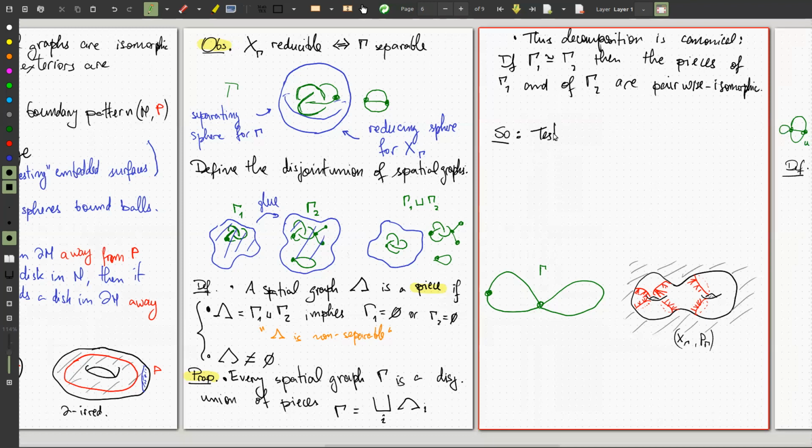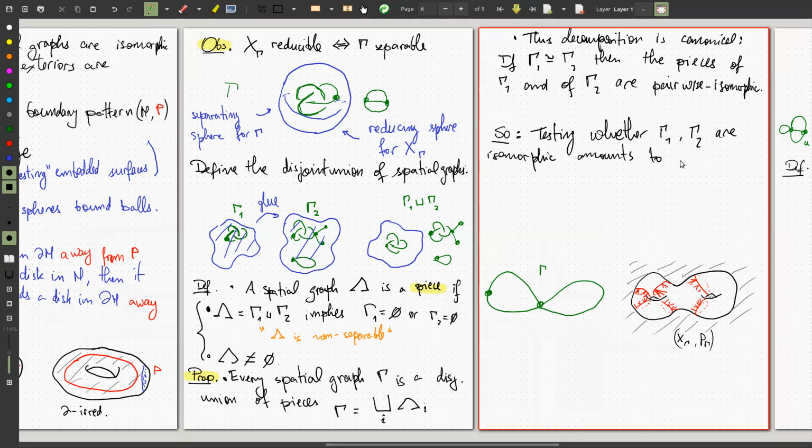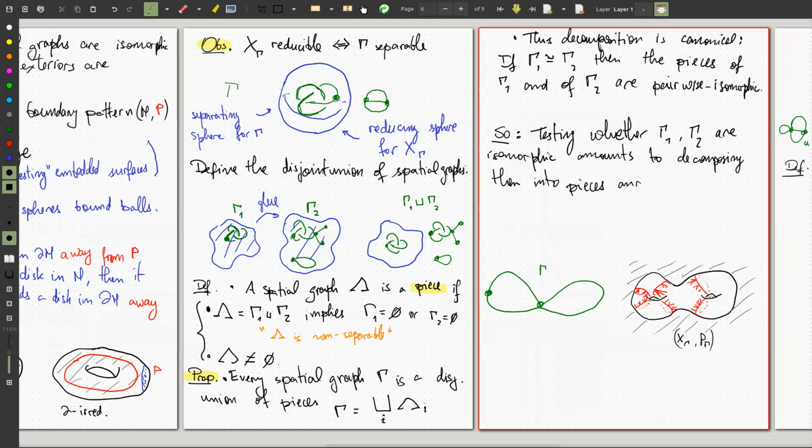It tells us that testing whether gamma 1 and gamma 2 are isomorphic amounts to decomposing them into pieces, and then looking for bijections of the pieces that pair them into isomorphic pairs, and testing if those are pairwise isomorphic.